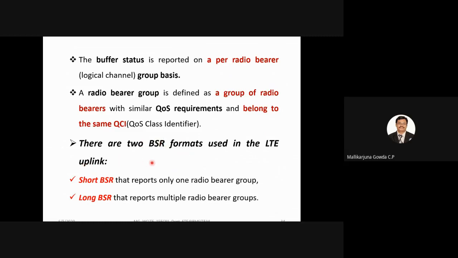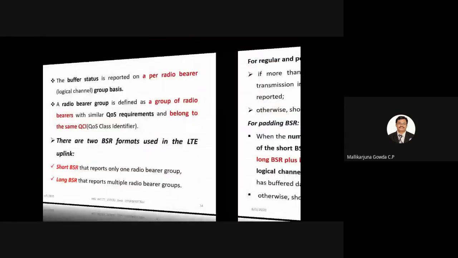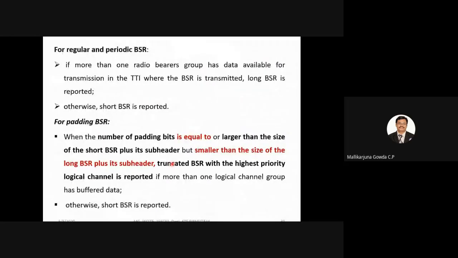One is short BSR, second is the long BSR. I said that the short BSR will report only one radio bearer group, and long BSR reports multiple radio bearer groups. So these are the different scenarios with which we say it is regular, periodic and the padding BSR.